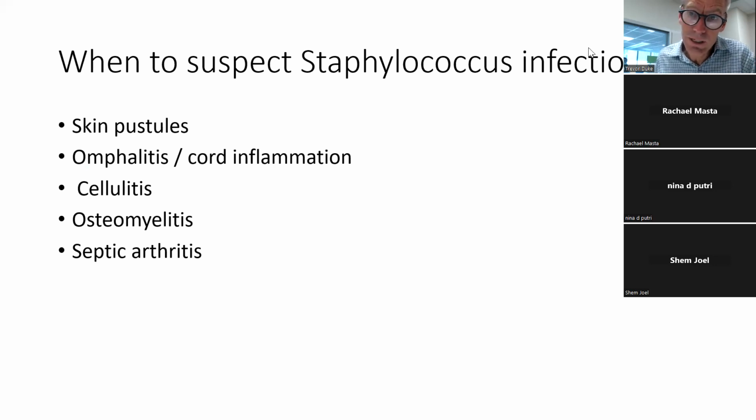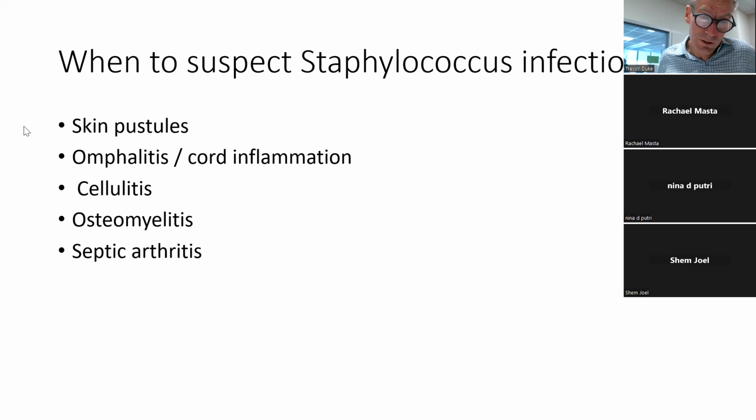It's important that we have a list in our mind of when to suspect a staph infection, because you don't want to go giving flucloxacillin or cloxacillin to every newborn baby who has a fever. That would be very wrong. But if you keep flucloxacillin and cloxacillin to babies who have some features of a staphylococcal infection, that would be much better.